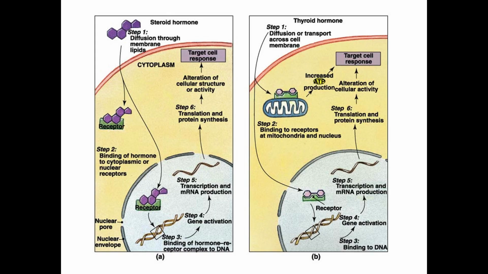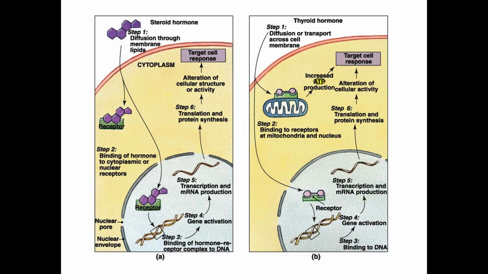When it binds with the nuclear receptor, it directly acts on the DNA present in the nucleus. Then the gene gets activated, transcription happens and mRNA is produced. Then from the mRNA, translation happens and protein is synthesized. Alteration of the cellular structure or activity happens, and the target cell shows the desired responses. That is what happens for the steroid hormones.